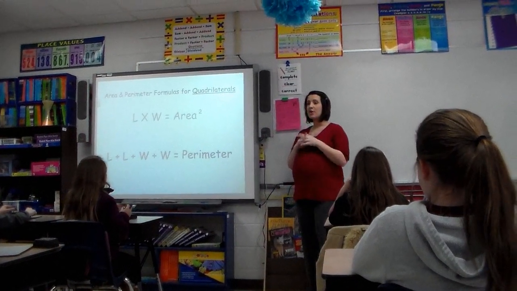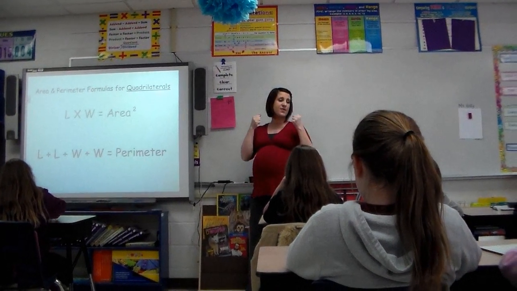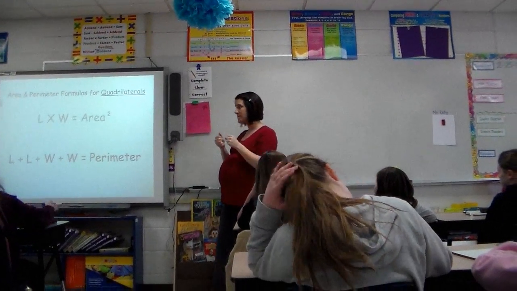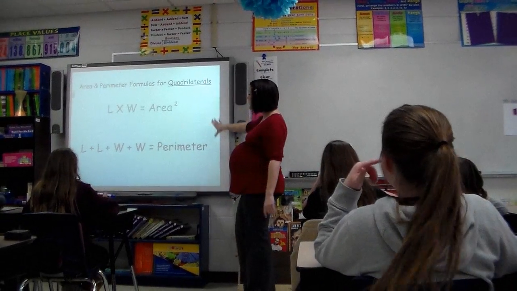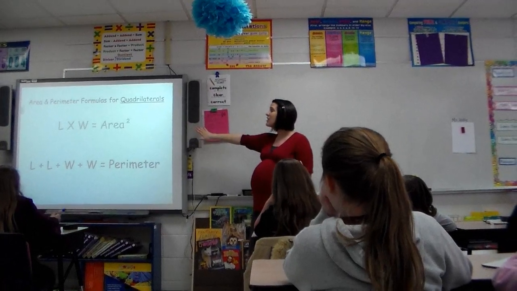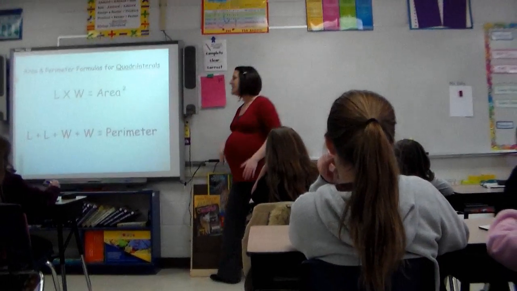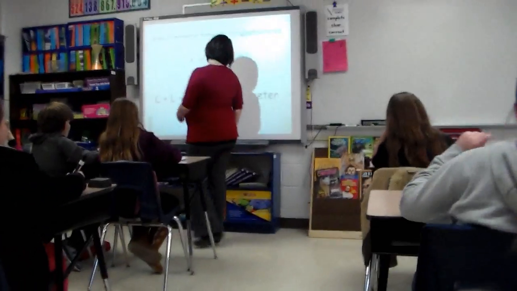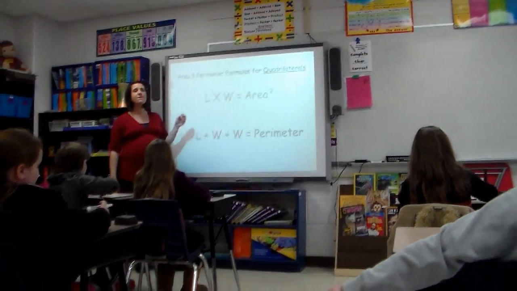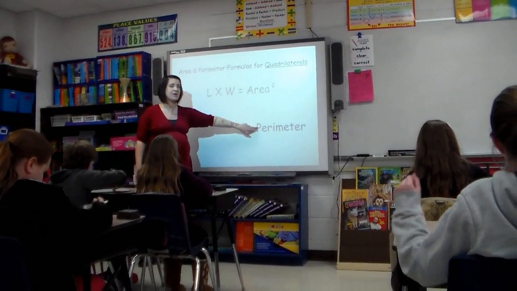Ansley is going to pass out our graphic organizer, and this is going to be like your best friend for the next 2 weeks. I'm going to give you this on a piece of paper that you're going to keep in your reference folder, and you can refer back to this anytime you want. These are the formulas for area and perimeter.